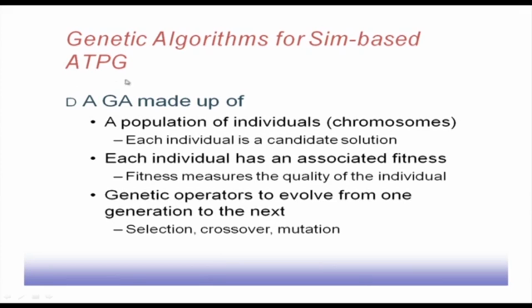Any genetic algorithm is made up of these components: a population of individuals which we call chromosomes, and each individual is a candidate solution. For a particular problem, it may be very difficult to tell what the optimum solution is, but it may be very easy to give an arbitrary solution. For example, in the test pattern generation problem, if you ask me to give a test pattern which detects a very large number of faults, it is very difficult to give such a pattern.